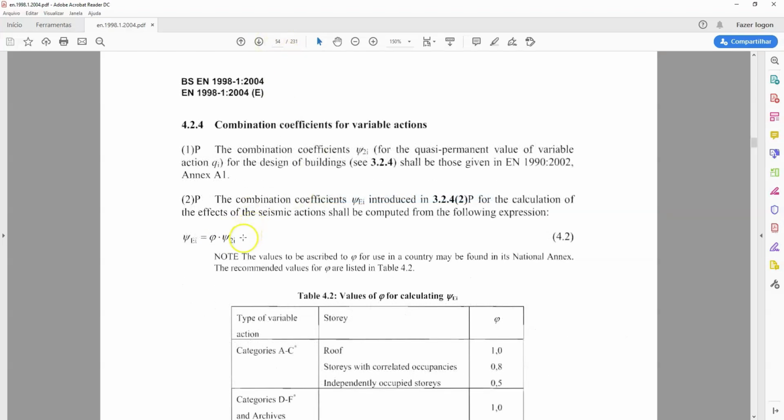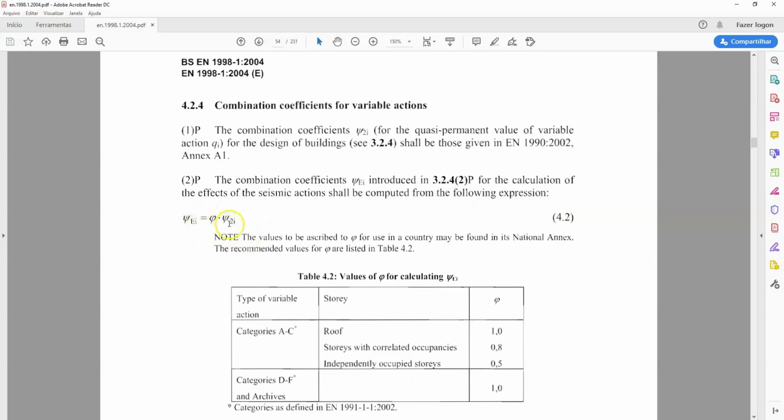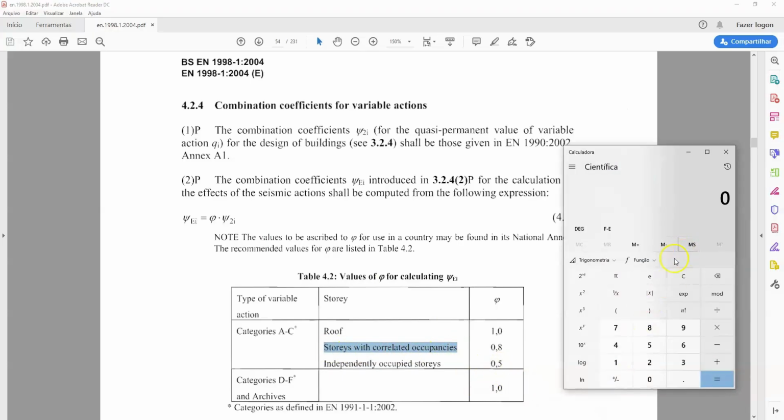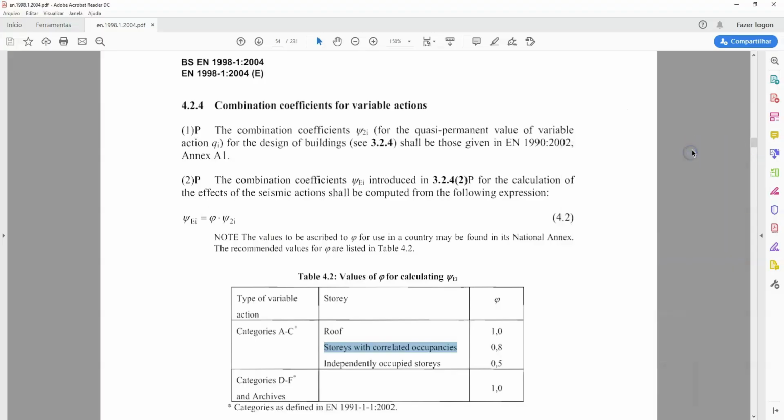According to the Eurocode, what is recommended is that this psi EI is phi times psi2. This phi factor we are looking at here has a tabulated value. In our case, it is 0.8. The final factor we are going to apply is 0.8 times 0.3, which is 0.24. This will be our combination factor for live load combinations in terms of mass.